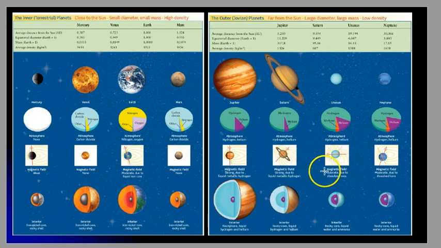So Uranus's axis is in its plane of rotation, making it very different. And Uranus's magnetic field axis is way off from its rotational axis. If you look at Neptune, it's tilted about like the Earth. It has a tilted axis, and its magnetic field axis is off quite a bit from the rotational axis.